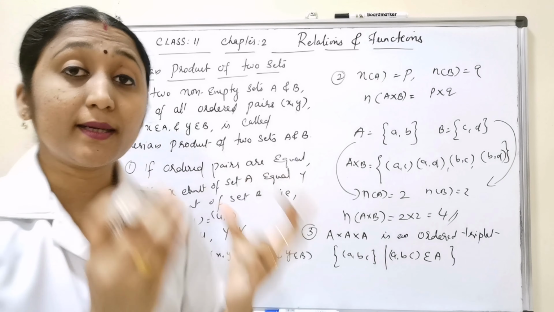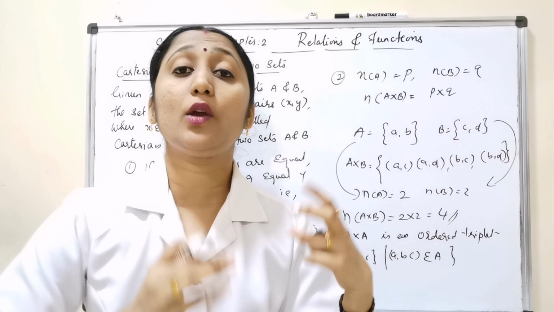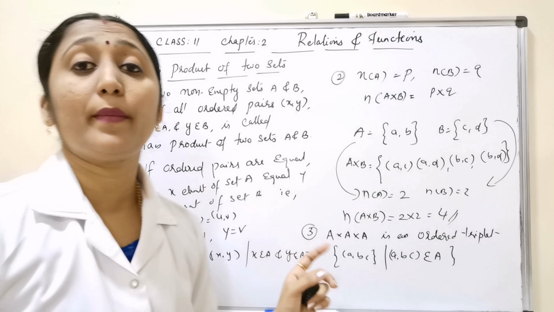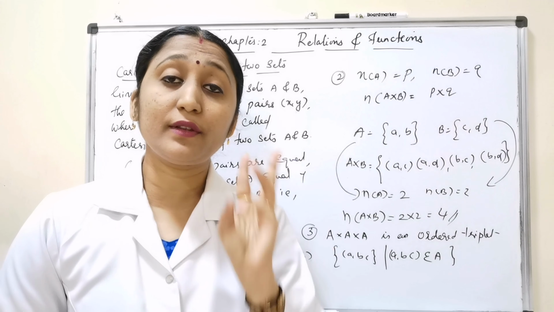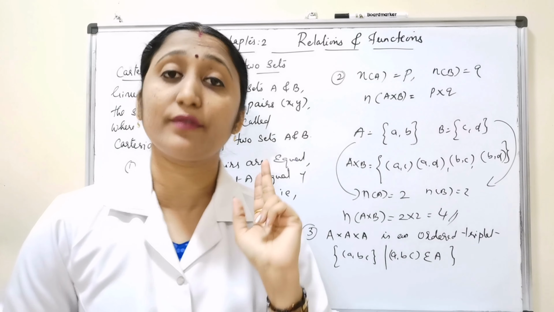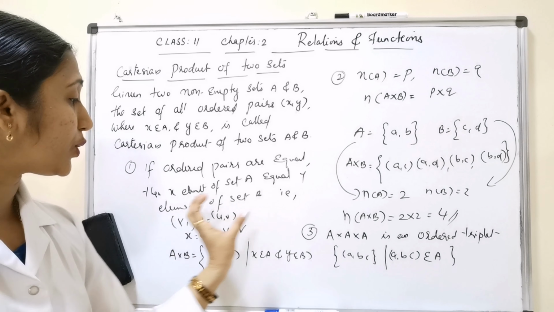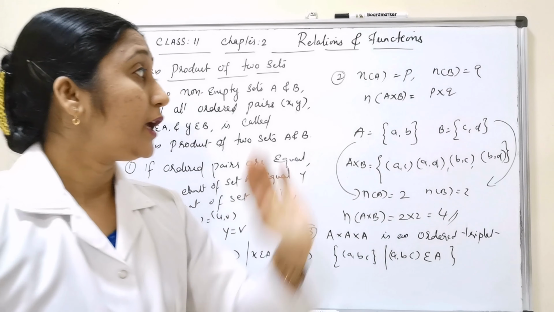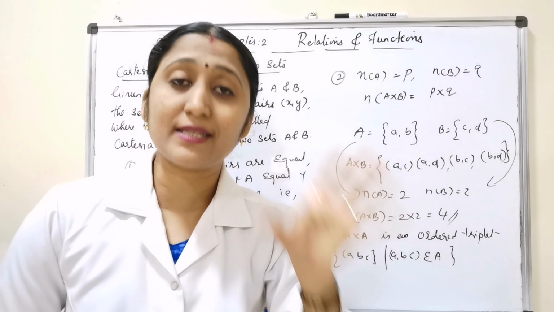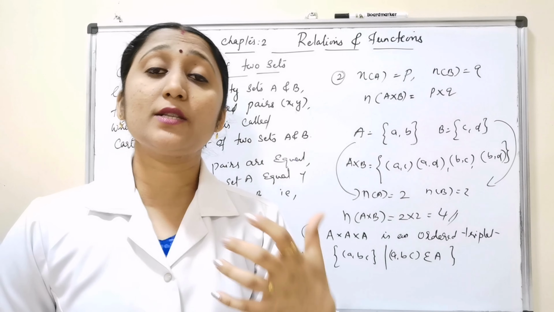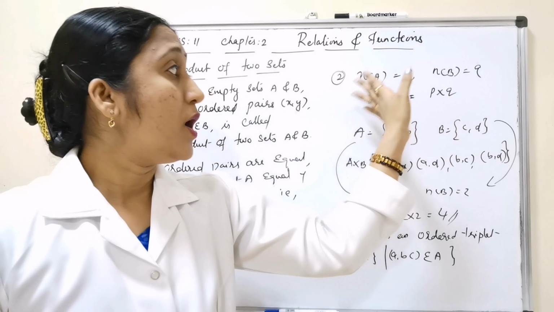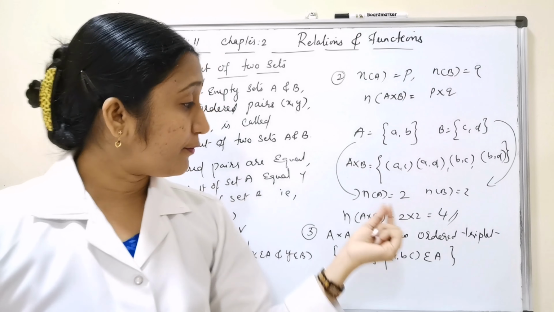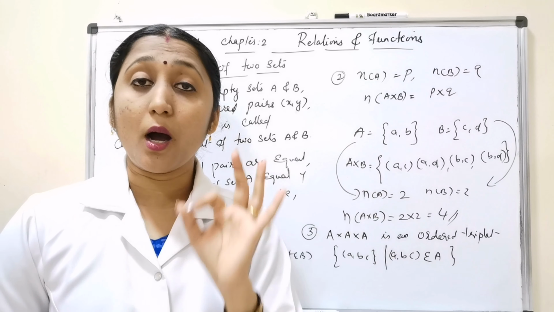In case the ordered pairs are equal, XY equal to UV means the first element X equal to the first element U of the second pair, and the second element Y equal to V. If the number of elements of the first set is P and the number of elements of the second set is Q, then the number of elements of the Cartesian product is P into Q. If A into A, that is called the ordered triplet.